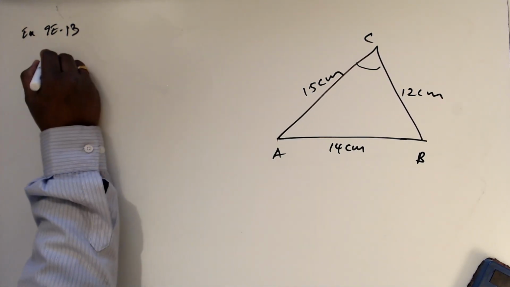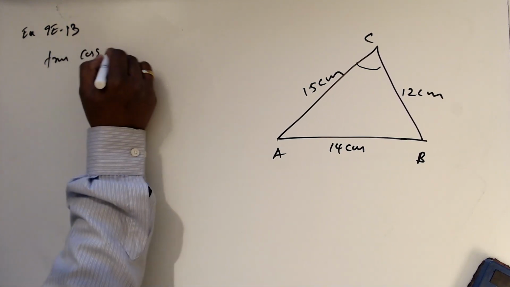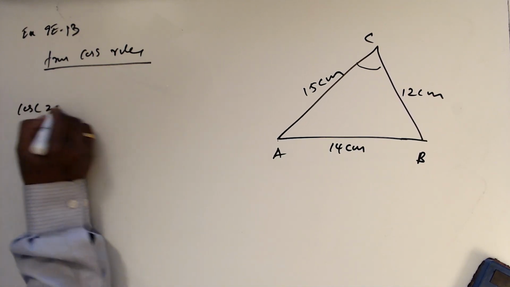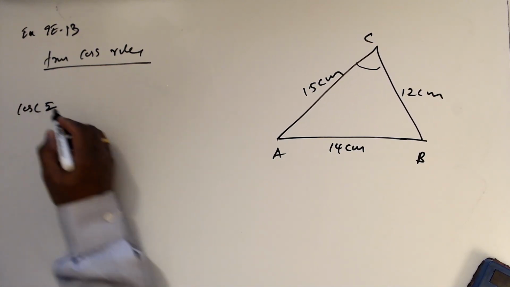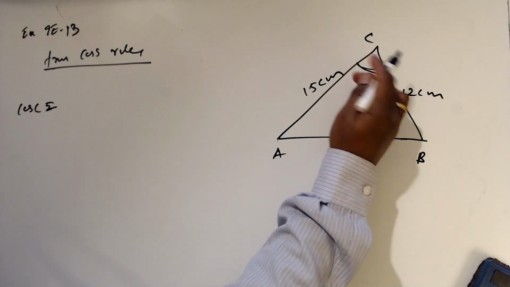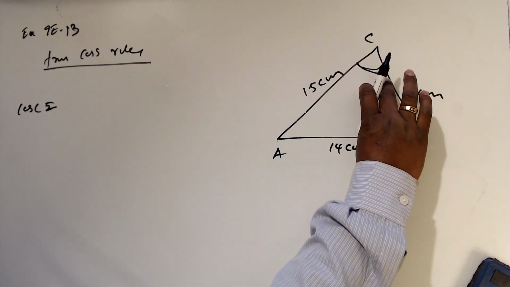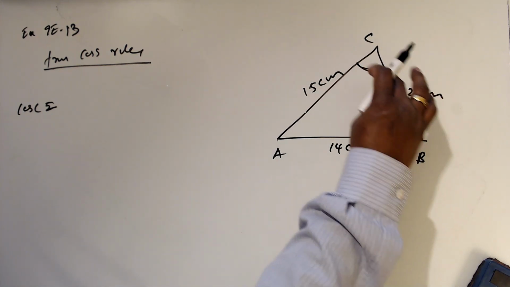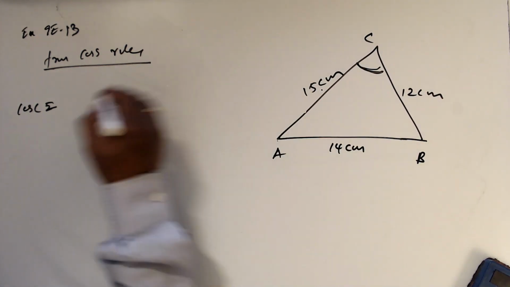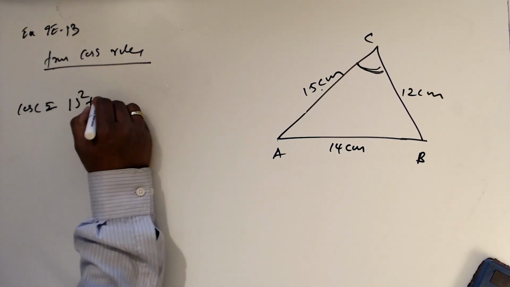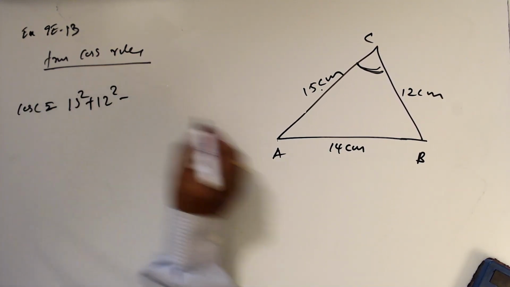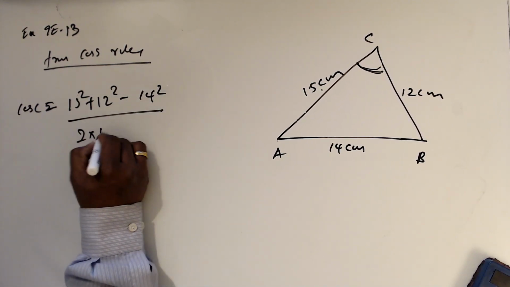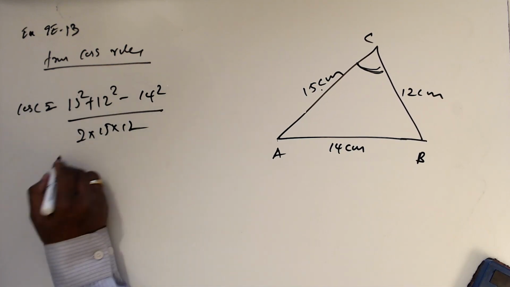So from the cos rule, cos C, you can write 15 squared plus 12 squared. Those are the two lines which make this angle. So we are going to use this 15 squared plus 12 squared minus 14 squared divided by 2 times 15 times 12.